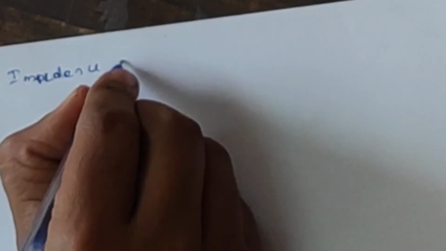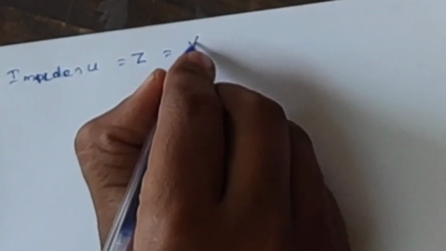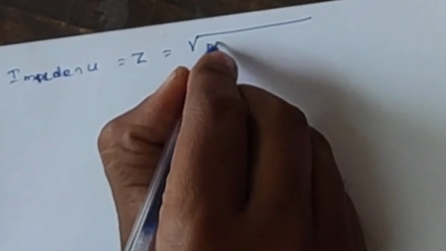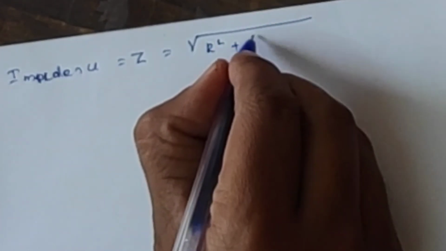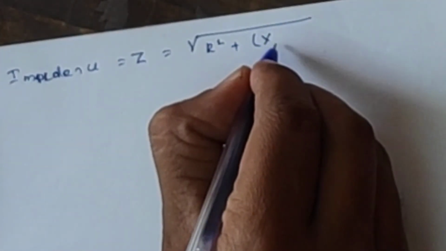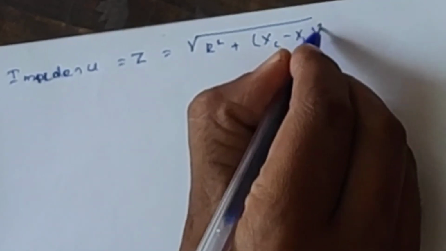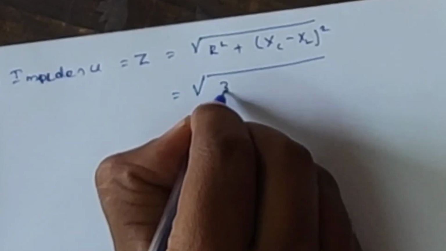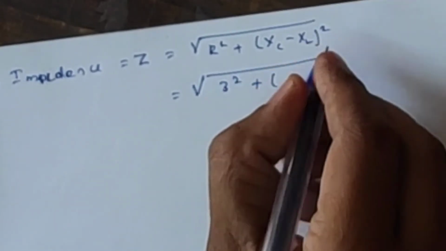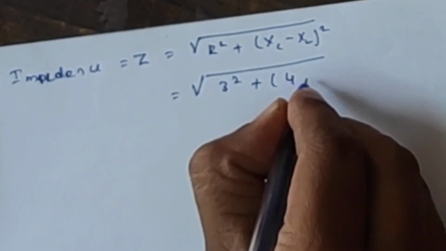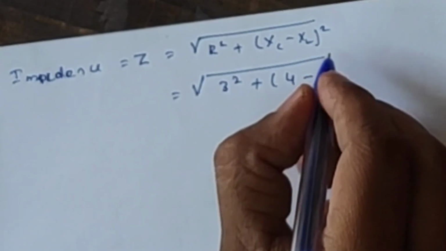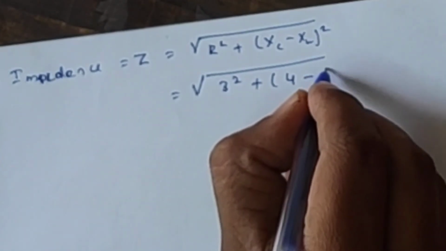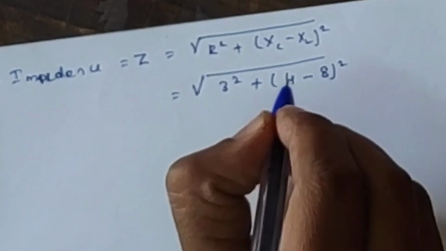Impedance we are calculating, that is Z. So Z equal to square root of R square plus XC minus XL whole square. R value is 3 square plus XC 4 minus 8 whole square.